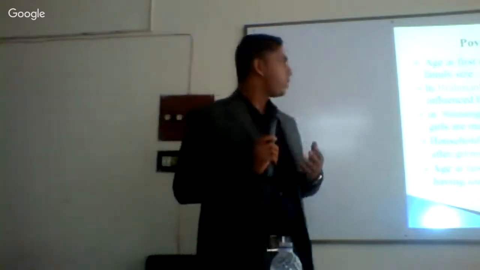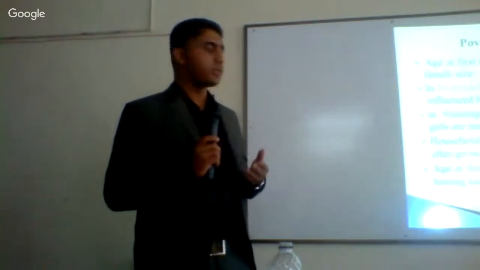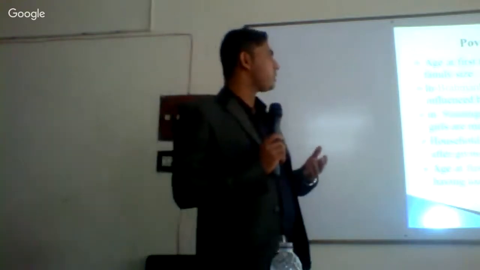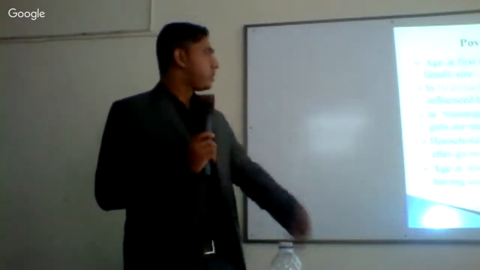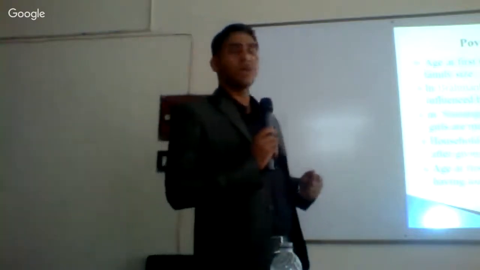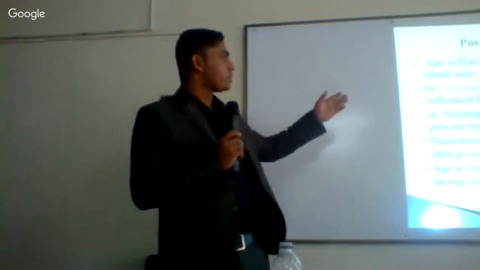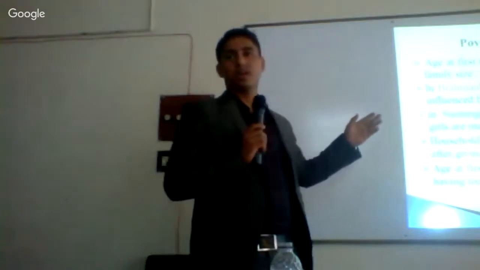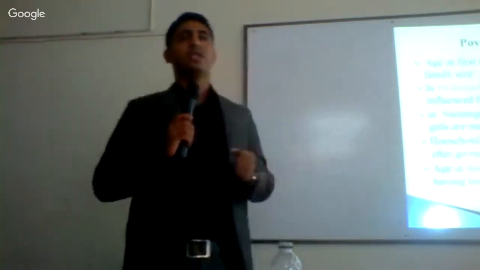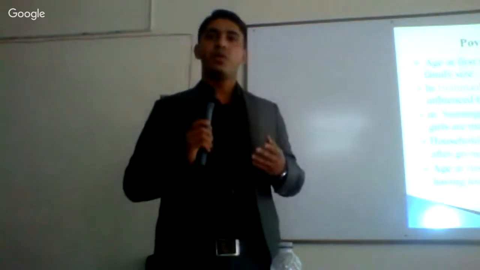Family size may be large, but the girls are not married within 18 years. Likewise, age at first marriage is not dependent on household income in Brahmanbaria. I could not predict that where income is poor, girls will be married within 18 years.